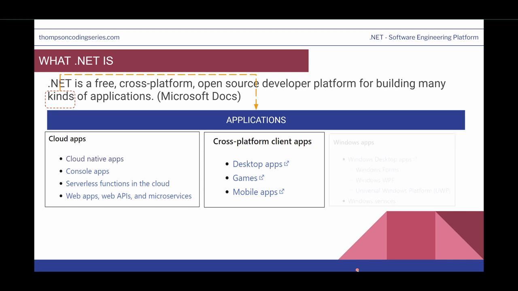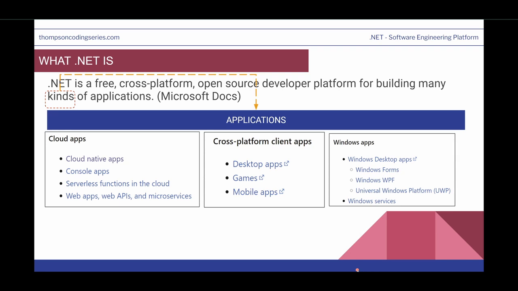Now, you can build Windows-specific applications. Fundamentally, you can build Windows Forms applications, Windows Presentation Foundation applications, and UWP applications, and the current version of desktop application development is .NET MAUI. That is what Microsoft is trying to pull together, and that's what the .NET team is trying to put together for use in cross-platform application and Windows desktop application development.